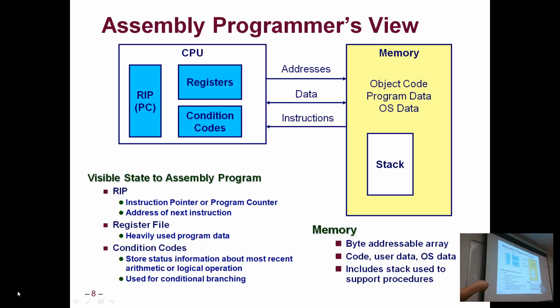And so what happens is, as your process is initialized, the instruction pointer is going to point to the beginning of your code in main. Then the CPU is going to ask for instruction addresses and get instruction data back and then execute them.